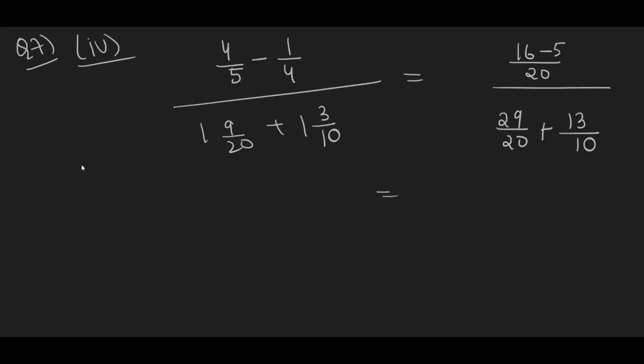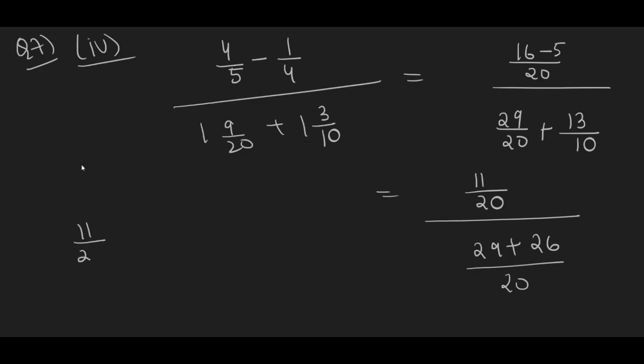Now children, 16 minus 5 is 11 upon 20, upon 20 ones are 29 plus 10 twos are 13 twos are 26. So this will be 11 upon 20. 29 plus 26, we will add.